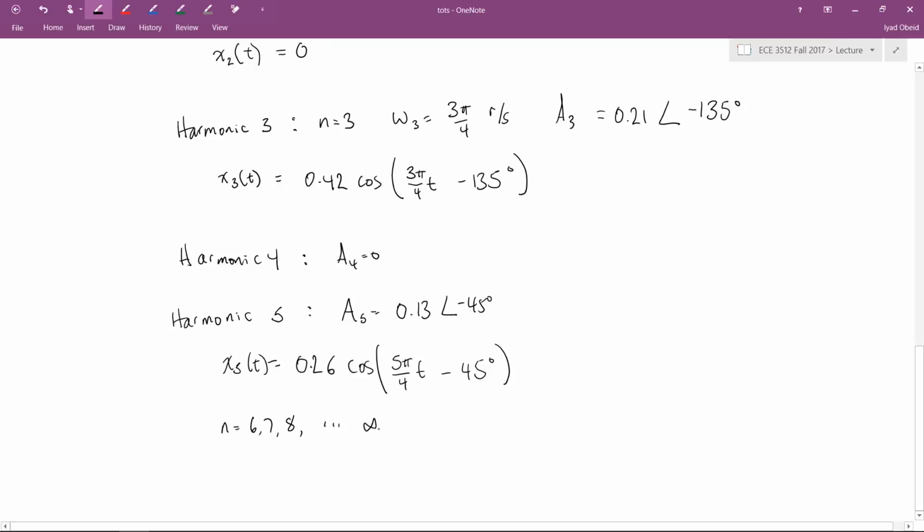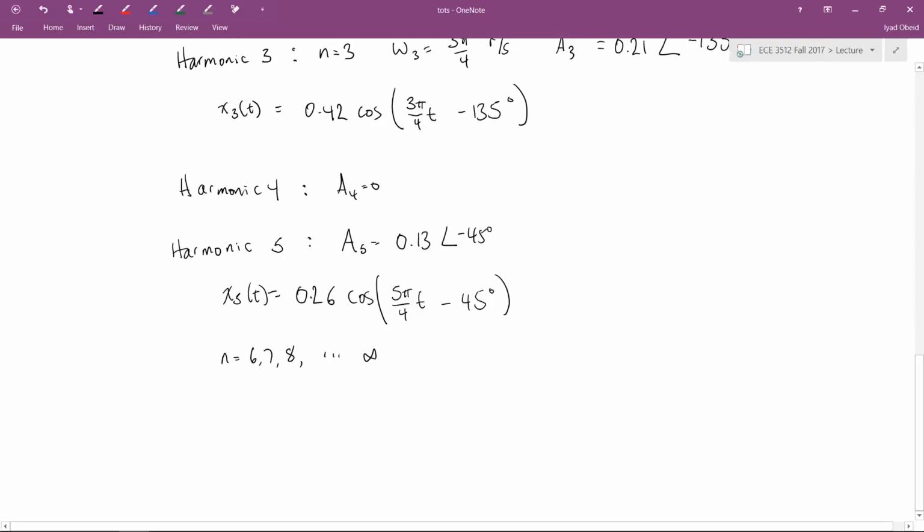Okay, so a couple observations. The first observation is that the amplitudes seem to be getting smaller. Amplitudes are decreasing. And this is something that we're going to find is true over and over again.